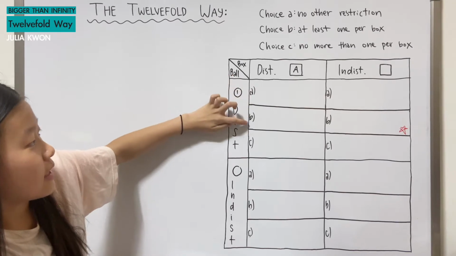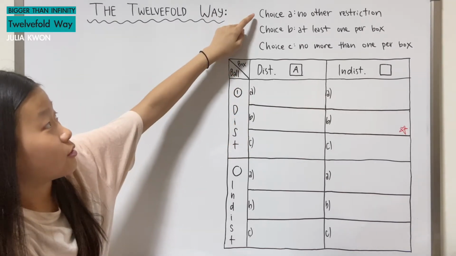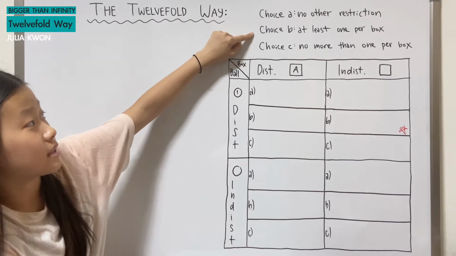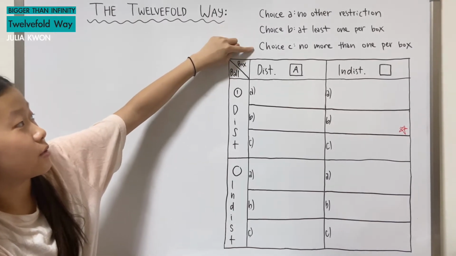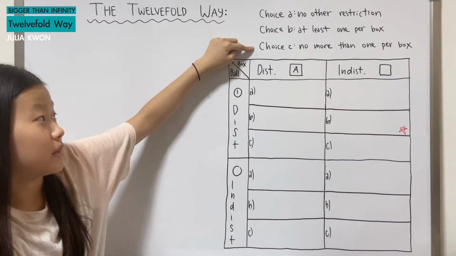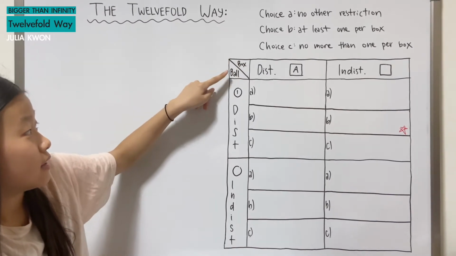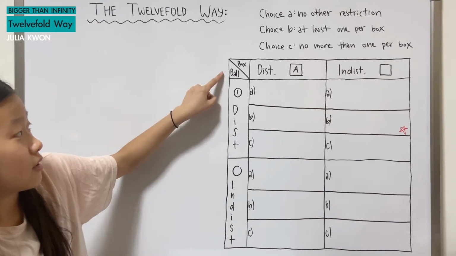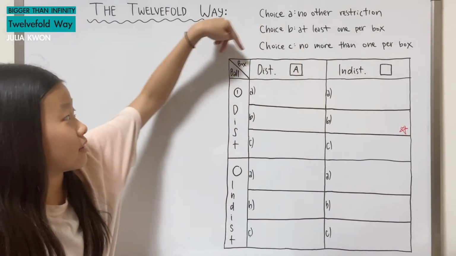We have choice A, B, C, and choice A says there are no restrictions, and choice B says at least one per box, and choice C says no more than one per box. And here it's going to be the balls, and here would be the boxes.